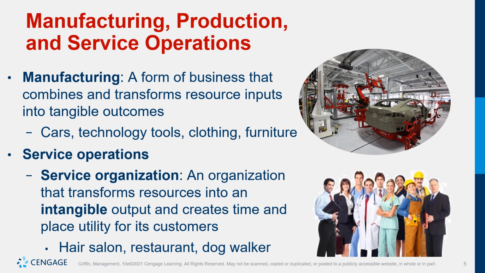For example, a hairstylist has input materials like scissors, comb, brush, hair dryer, including the skills to do the haircut. You cannot see the haircut or the act of the haircut until it is being performed. You may see pictures of a finished haircut, but the picture is not the product. The product is the service, which is the act of cutting the hair.